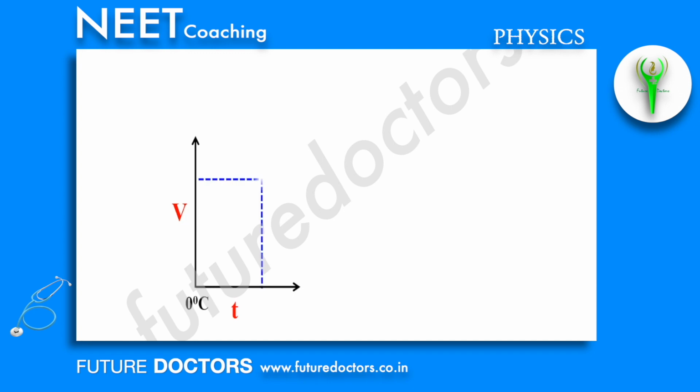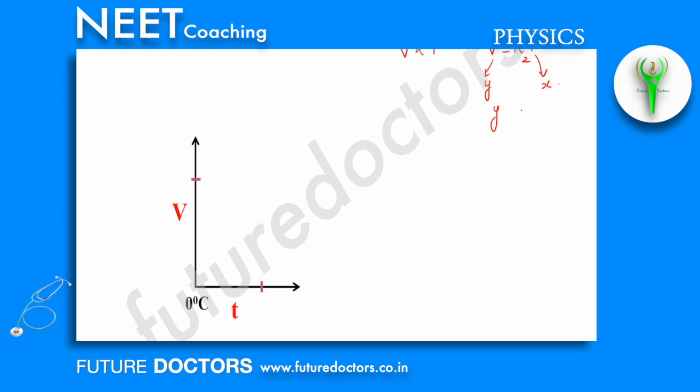When you are plotting volume against temperature, we have to see that volume is directly proportional to temperature, or V is equal to K2 into T. Volume is plotted on the y-axis, temperature on the x-axis.